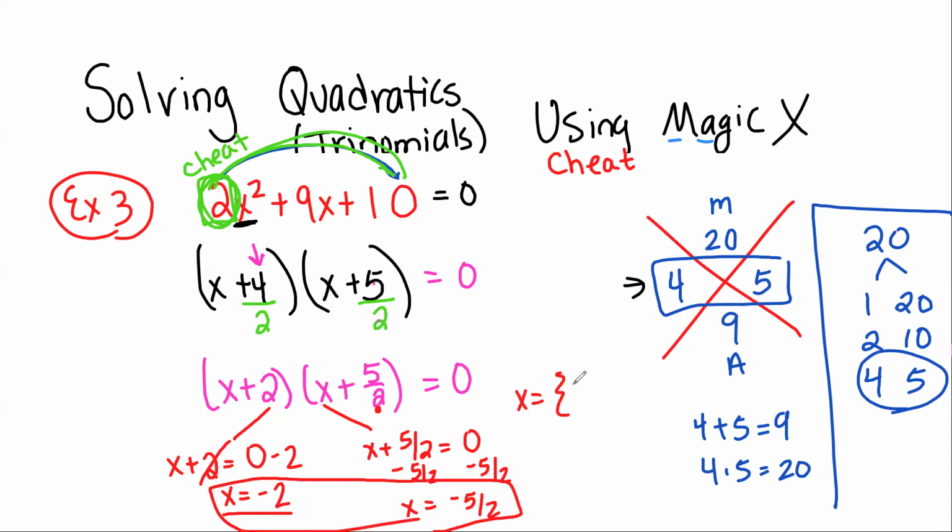Fancy, negative 5 halves, and negative 2 in the set notation. Either way is right. So yes, it is possible to get, quote, ugly answers on this, right? Fractions are our friends. Don't be scared. It's okay. And even if you do swoop it back, you'll still end up with the same answer. So again, that's fine if you want to.